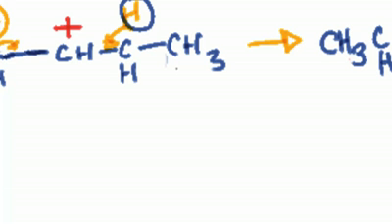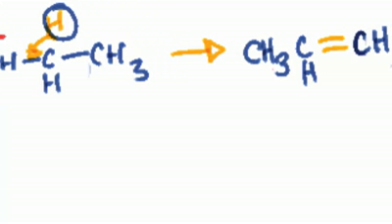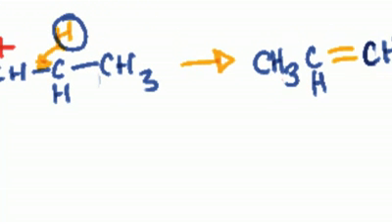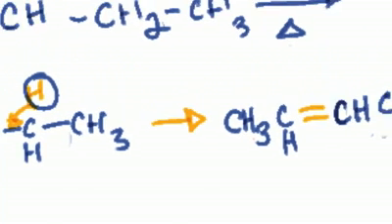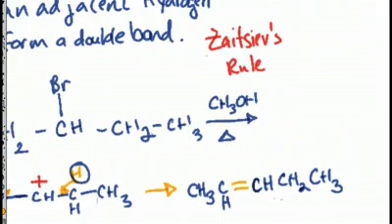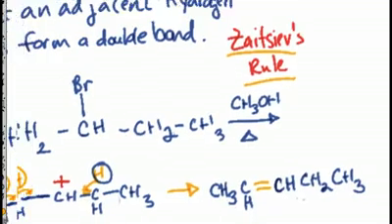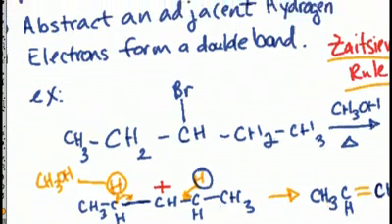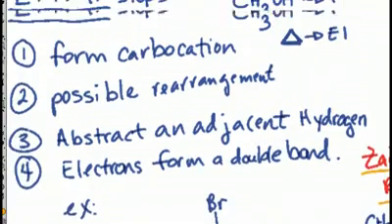So in this case it was symmetric enough that abstracting either adjacent hydrogen didn't give you two different compounds, but a lot of times it will give you two different compounds, and that's when you use Zaitsev's rule to determine which one's the major product and which one's the minor product.